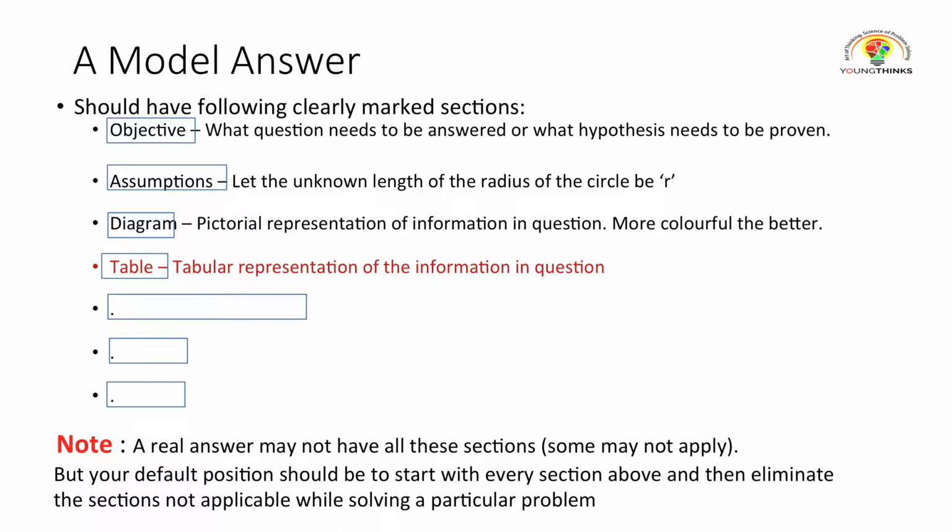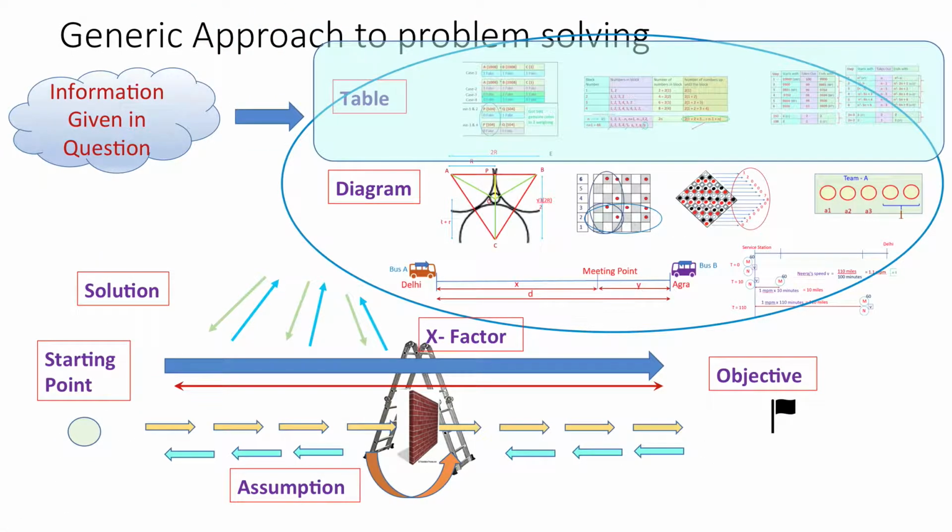If you just draw a table, it's a nice view, a much better way of representing the information than writing big long sentences. The table is here in the generic approach. Now you may have to choose between diagram or table, or in your solution attempt your diagram may be coming before the table, but just be careful that you're not writing long sentences. As far as possible, you're translating them into a table.